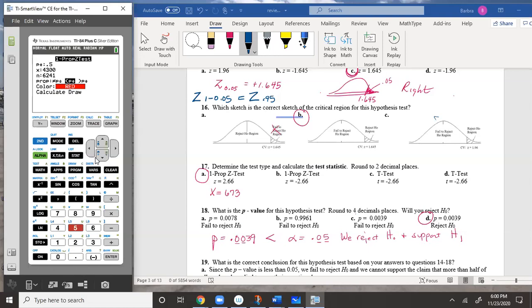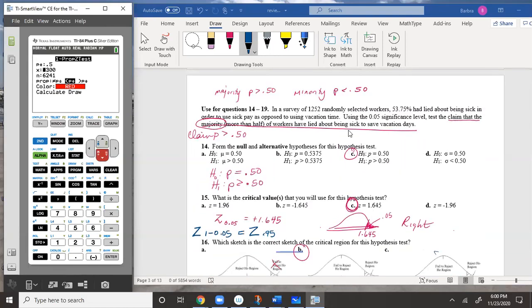That's the claim. X is what in this problem? We don't know what X is, do we? We're going to have to find it. We know N is 1252 and P hat is 53.75. So to find X, we need to take 53.75% of N.